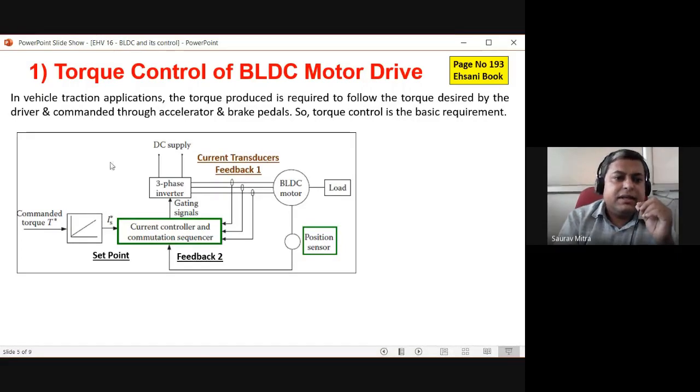Here the driver is driving and pressing the accelerator, demanding more torque. This torque is converted to current Is star. There is a torque to current converter, and this is the set point. Whenever we are doing some control system, there is a set point, and the control system is trying to meet that demand from that set point.